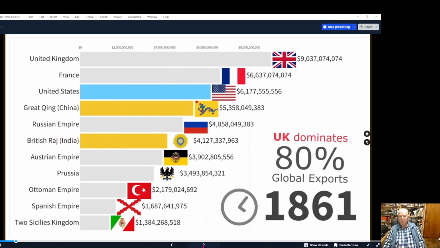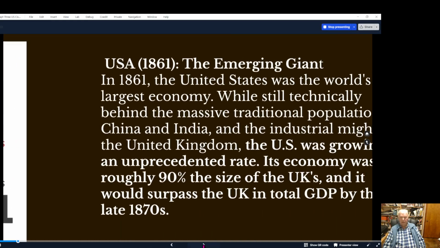And here, if we look at GDP, where we are with the GDP, if we go to 1861, you see the United States, and you see the Russian Empire, a profound difference in the GDP.